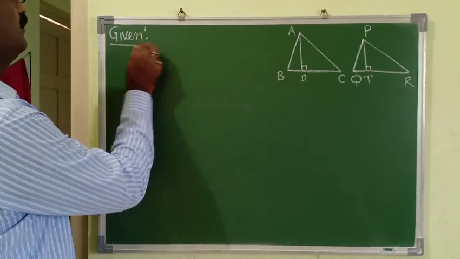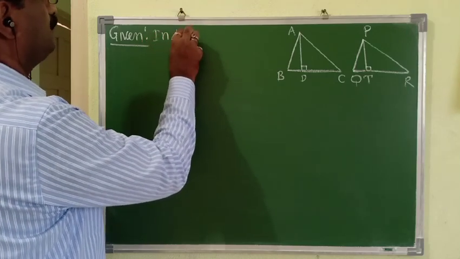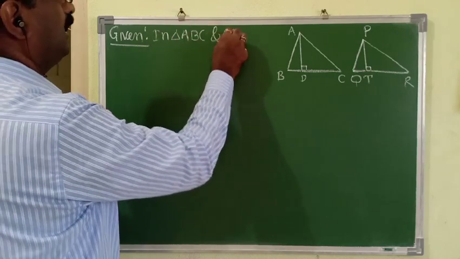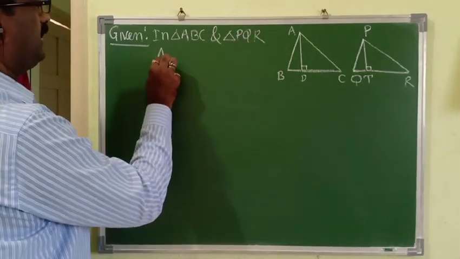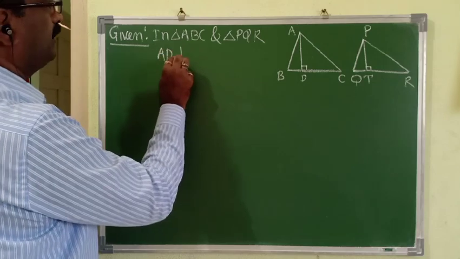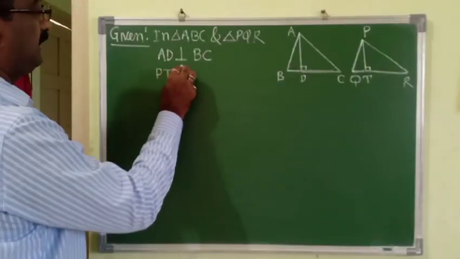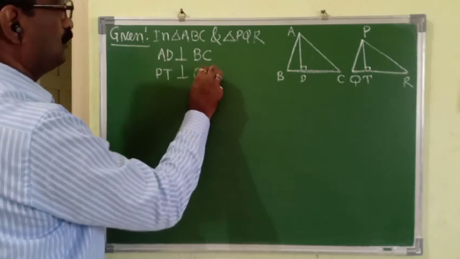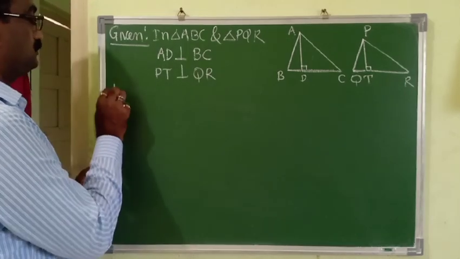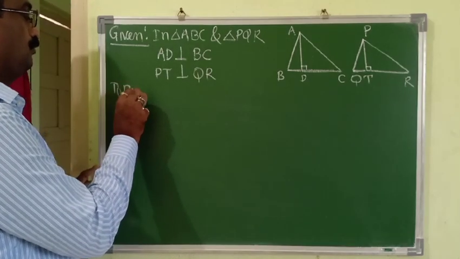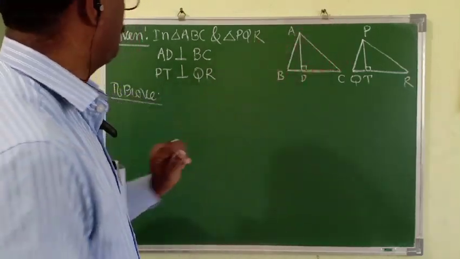Given, in triangle ABC and triangle PQR, AD is perpendicular to BC and PT is perpendicular to QR. These are the given things. Then to prove, what will I have to prove? The ratio of areas of these two triangles.